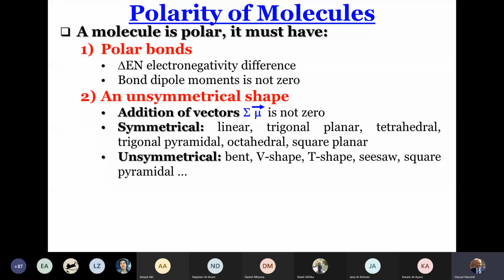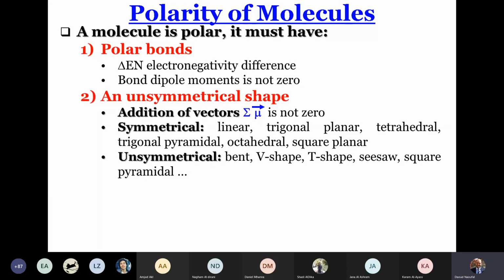So the question: why is ethanol miscible with water and oil is not? The answer is that the polarity of ethanol is different from the polarity of the oil.